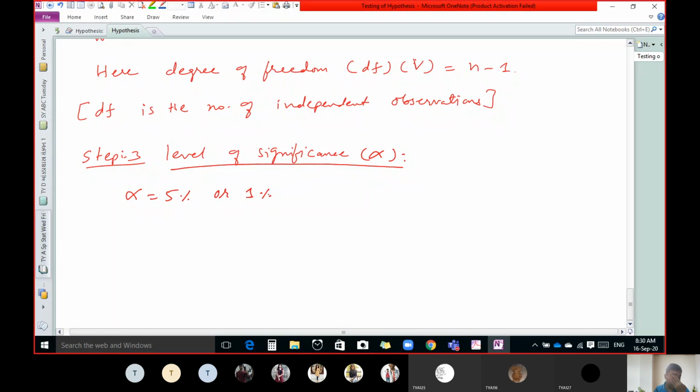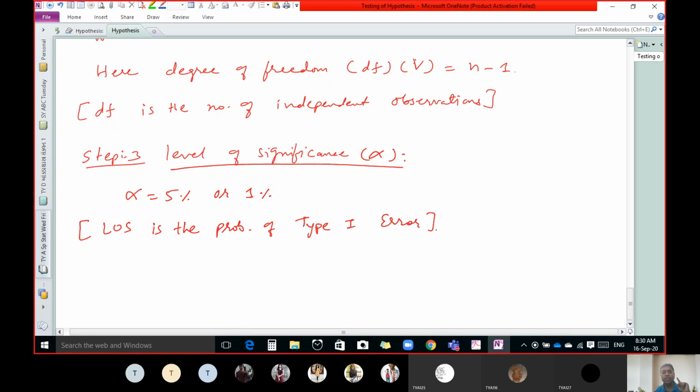But now the question is, what is level of significance? You can say that level of significance is the probability of type 1 error.